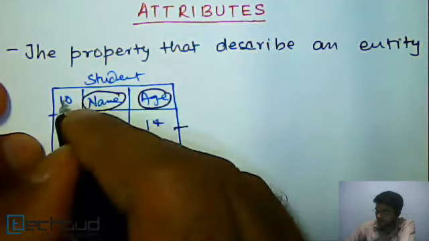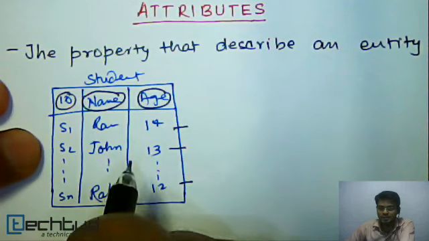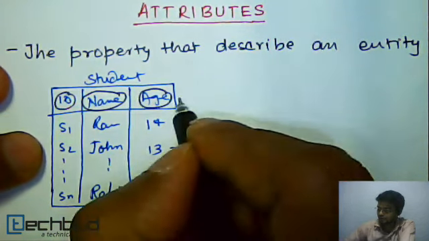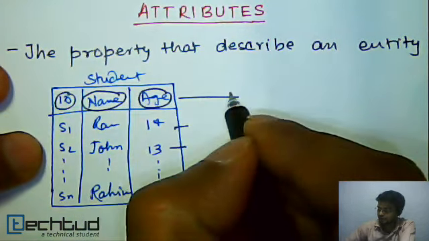Okay, so each entity has here three properties: age, name, and the entity ID, student ID or ID itself. Okay, so all these three properties can be termed as attribute. Okay, so this is attribute of the student.